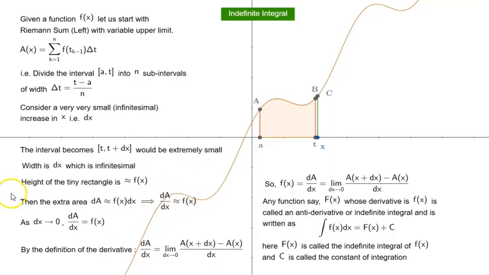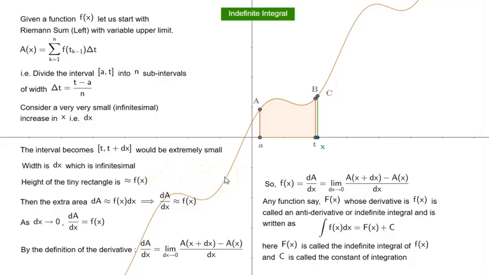Otherwise, also you can think of it like this. As I come from minus infinity towards positive infinity, what happens? The accumulated area under the curve keeps changing based on this curve, the original function. So here the accumulated area keeps decreasing, and then it starts increasing.